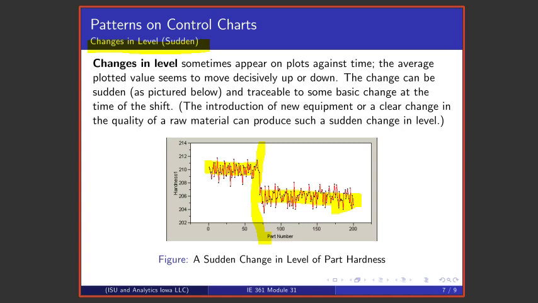Sometimes that can be traceable to some kind of a basic change, perhaps an introduction of a new batch of raw material, a change in a machine, different suppliers providing parts, that kind of possibility. The point is that if I know there's a sudden change in level, I have a leg up on trying to figure out its cause and trying to eliminate it, thereby making the process more consistent.